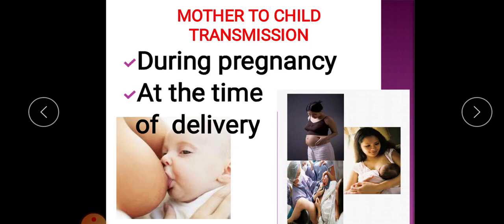Let's say, because of the amniotic fluid coming from the mother or any vaginal fluids that could penetrate into the eyes or the mouth or even to the mucous membrane of the child. Let's say also in the wound, for example, if we do newborn care or the cord care, no? So that's actually an open wound as well. So that can be a portal of entry of the virus.